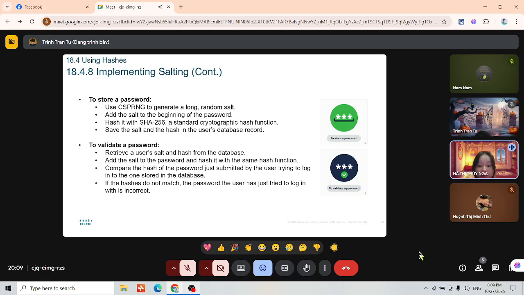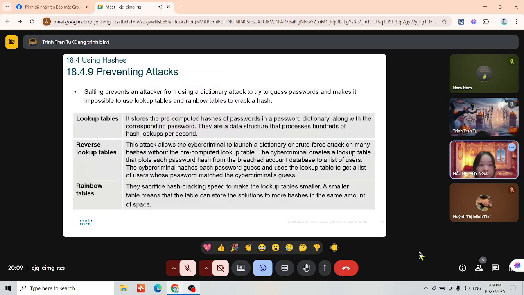Next, part 18.4.9 Preventing attacks. Salting also protects against three major types of attacks. The first is lookup tables, pre-computed password hash pairs.